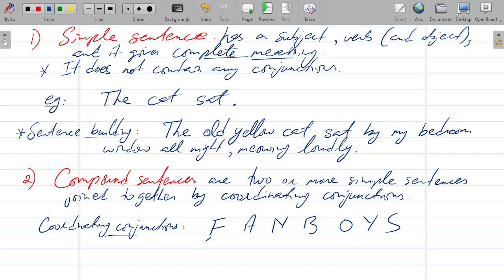You can remember them however you want, right? And so they are for, and, nor, but, or, yet, and so. So we're going to talk about each of these because it's not just knowing them. Each one of these gives meaning, it adds meaning to the sentence, right?